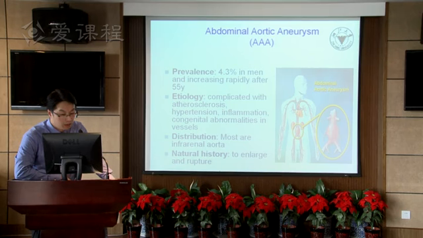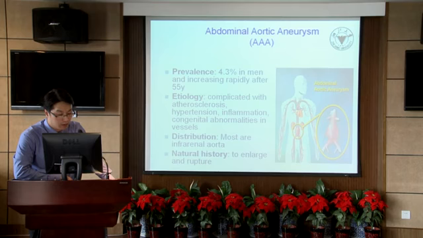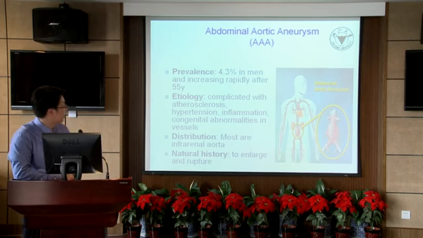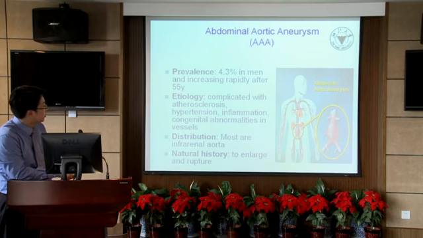Its distribution is that most are in the infrarenal artery, about 95%. Its natural history is to enlarge and rupture. This is aneurysm. This is the renal artery.